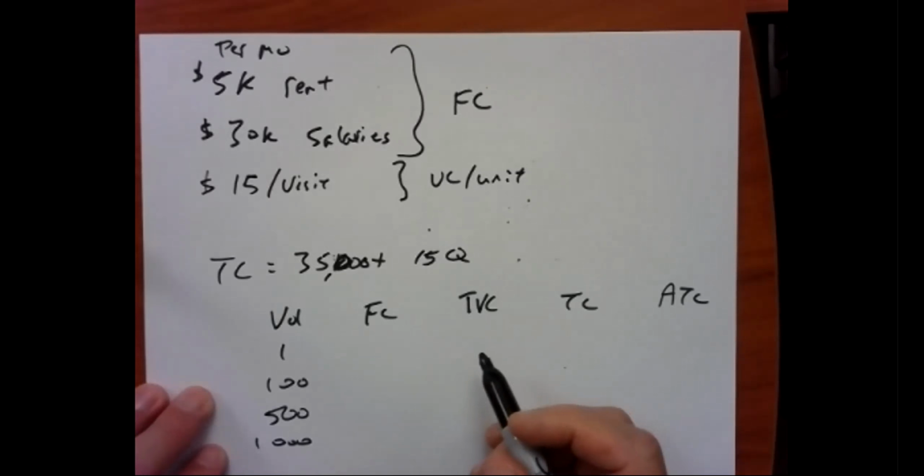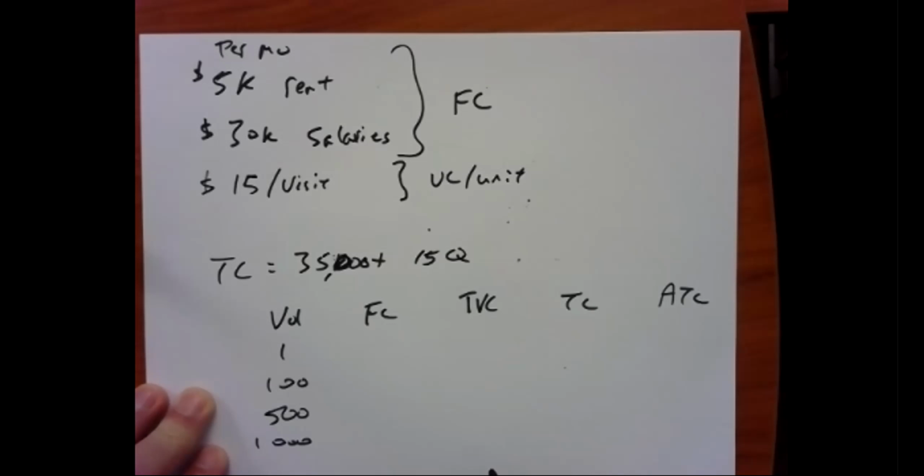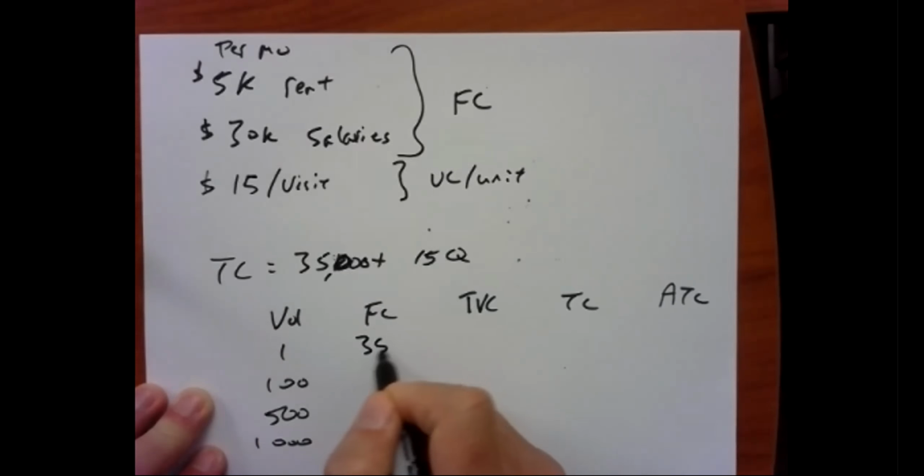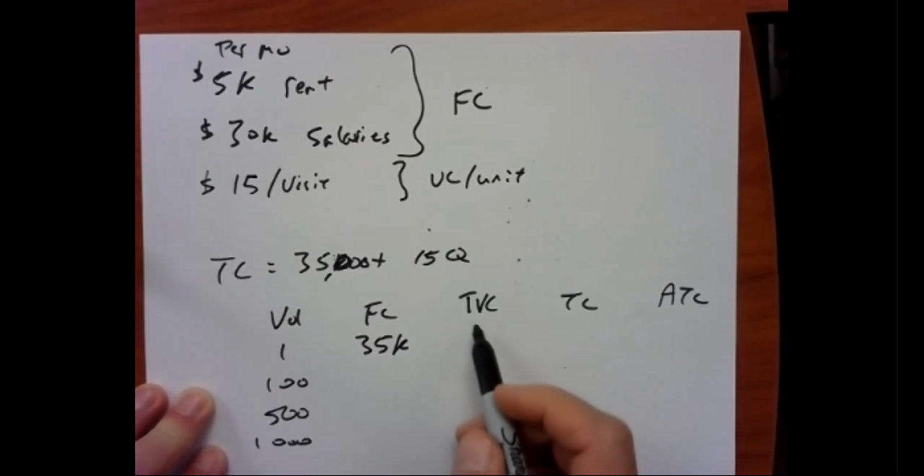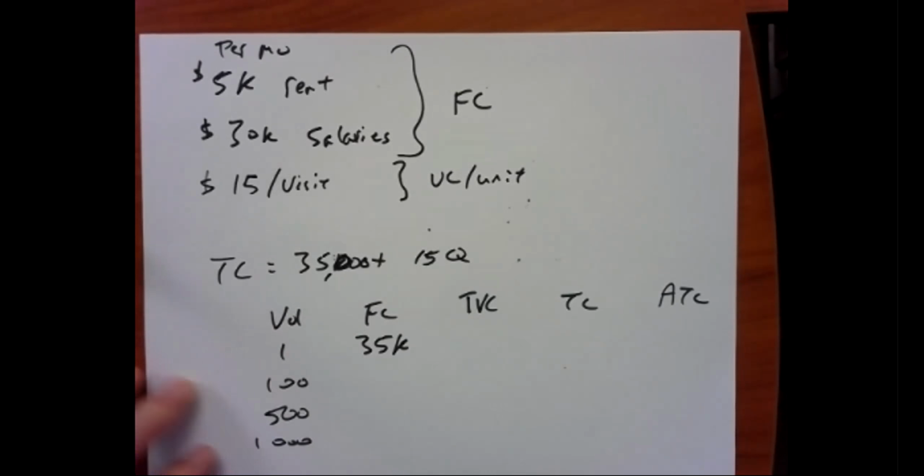Start with 1. Fixed cost for 1. How much? Fixed cost for 1 would be 35,000, right? Let me just use K. Total variable cost for 1. What's the variable cost? 15, right?